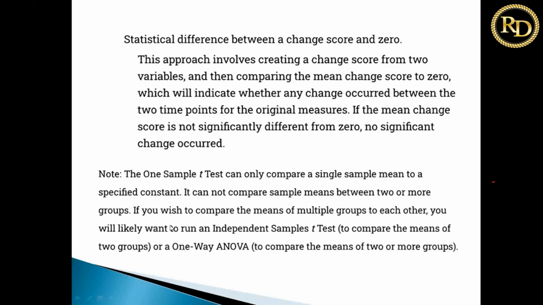If you wish to compare the means of multiple groups to each other, you will likely want to run an independent sample t-test, where there must be at least two samples to compare the means of two groups, or a one-way ANOVA if we are comparing several means. It means we are considering the equality of several means, so several groups, that is, more than two groups.